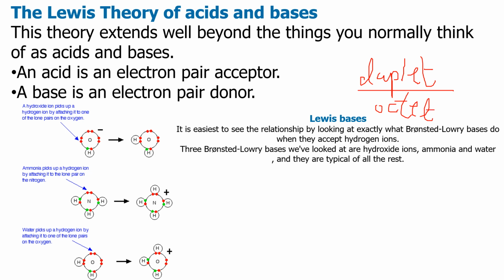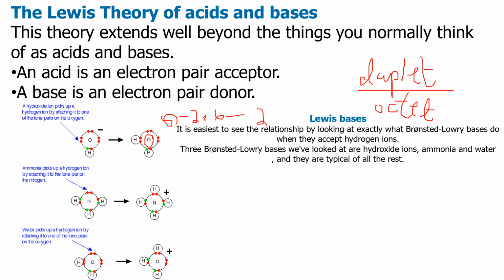Like here in oxygen, the total number of electrons is 8, but when we fill the configuration, 2 electrons will be filled in the innermost shell, and after that 6 electrons will be left. So it has a valency of 2. This is how it works.